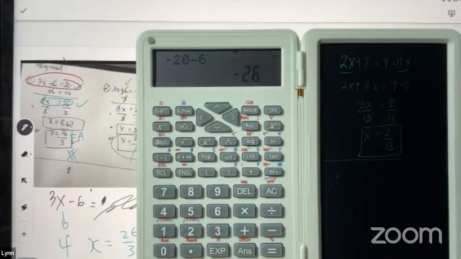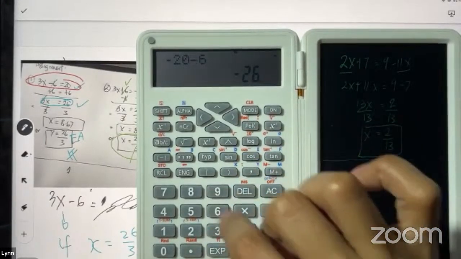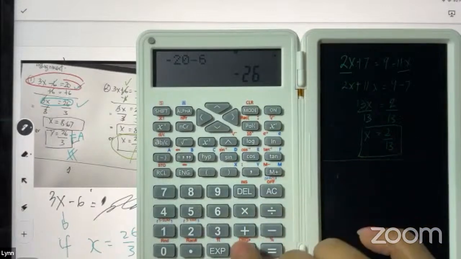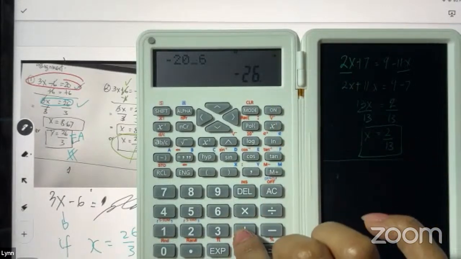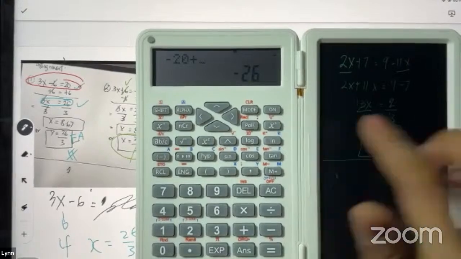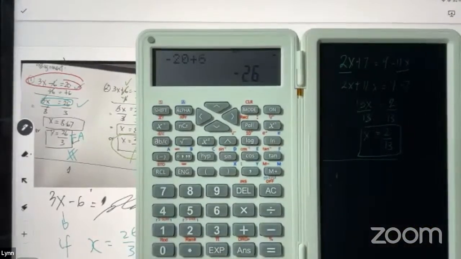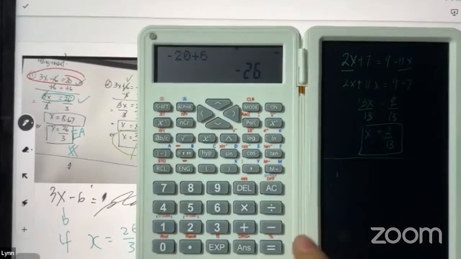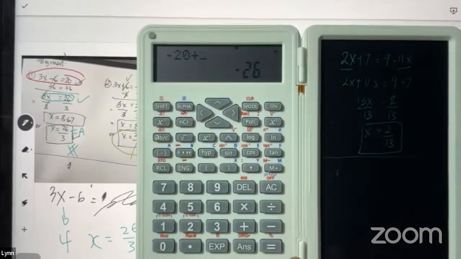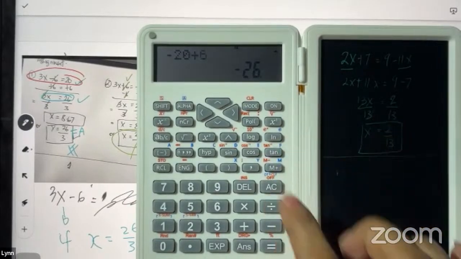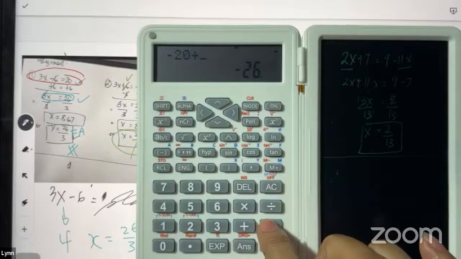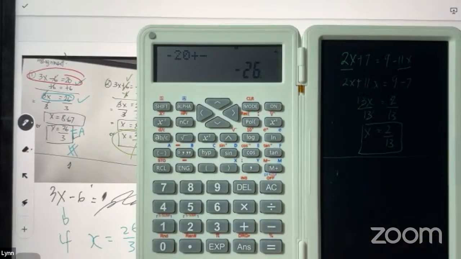Now press the plus button, next to the 3. Okay, plus minus 6. So plus and then minus 6. Now it's minus. Press another minus, and then plus 6.